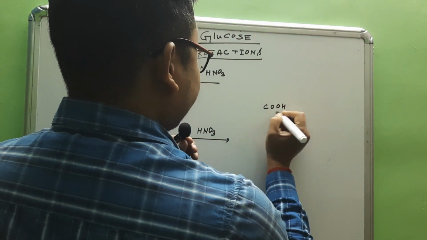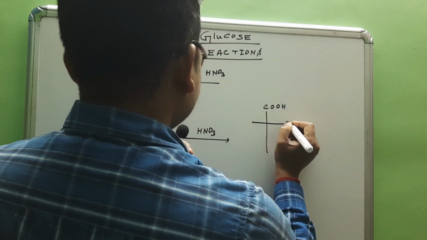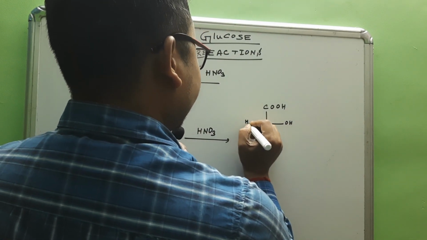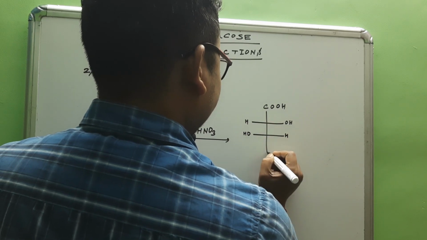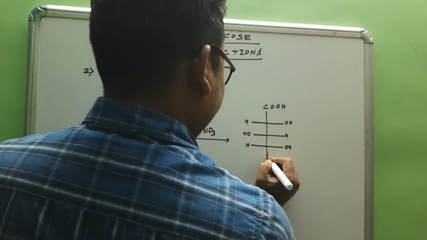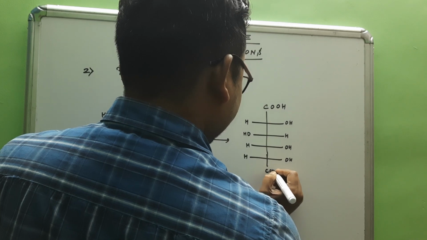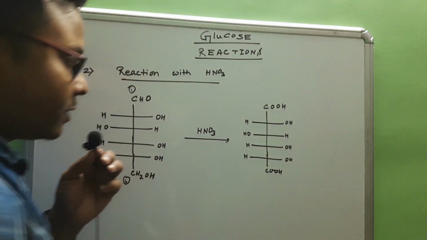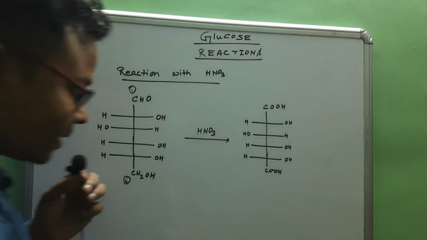So COOH here, and it also becomes COOH. This is called saccharic acid.